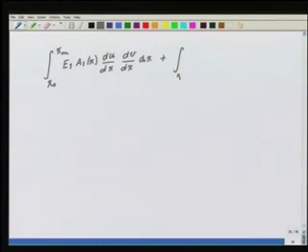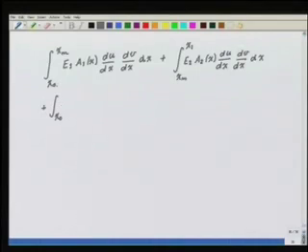integral xm to x1 E2 A2(x) du/dx dv/dx, okay, plus I will have integral of x0 to x1 k0 u v dx.